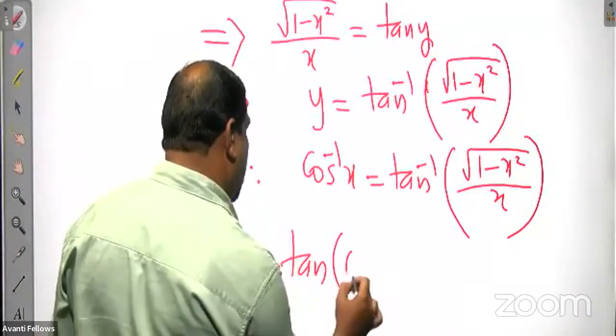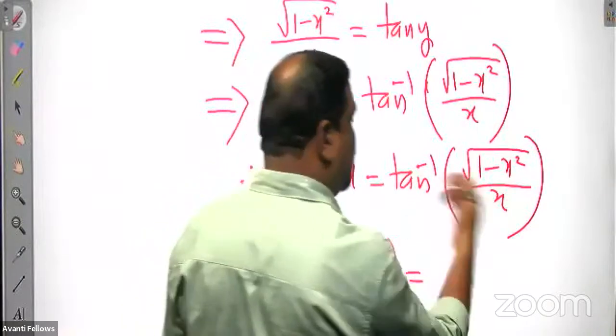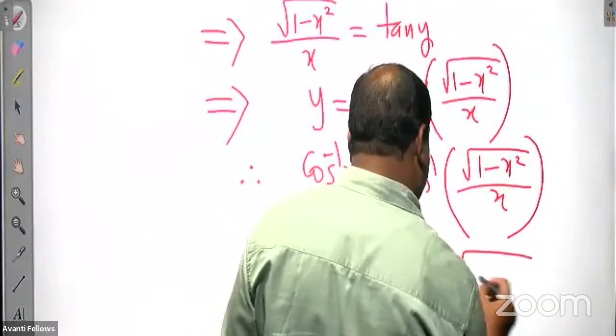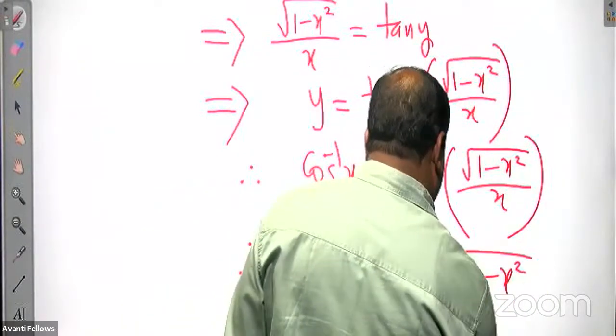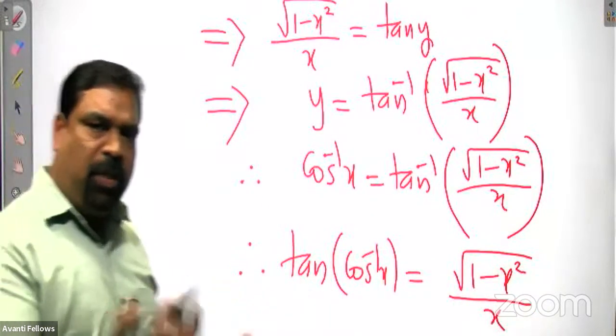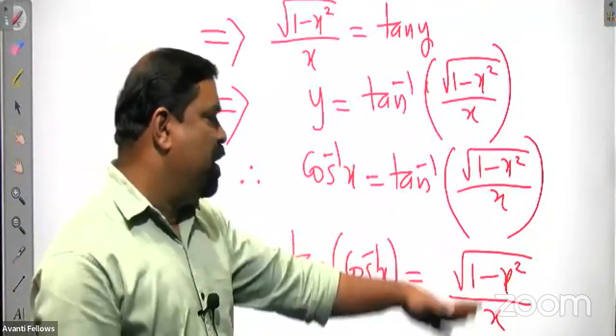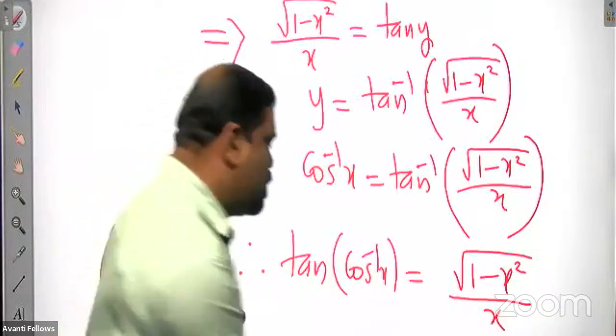Tan of cos inverse x is equal to what? Tan of tan inverse something means the tan and tan inverse will operate on each other. Both are inverses of each other. So by the property, you will get root 1 minus x square by x. So this is the first part.